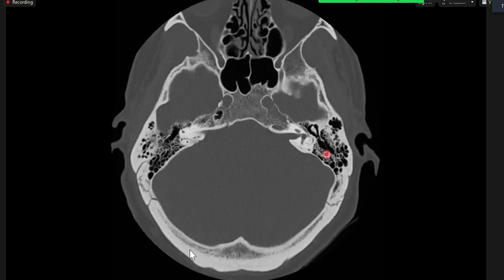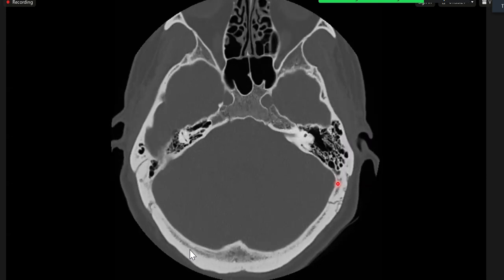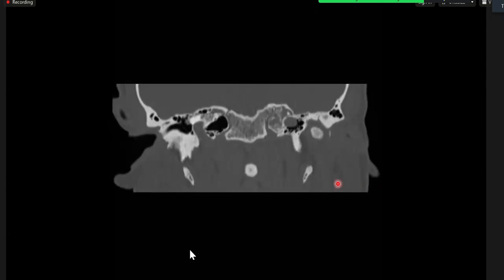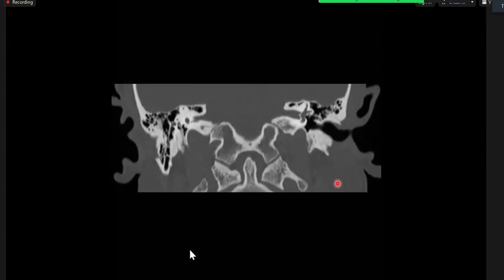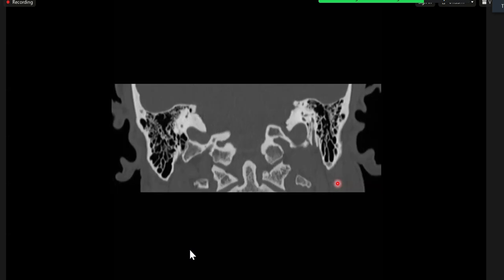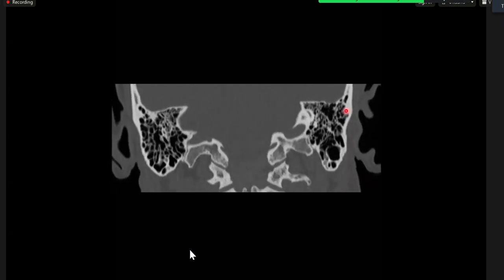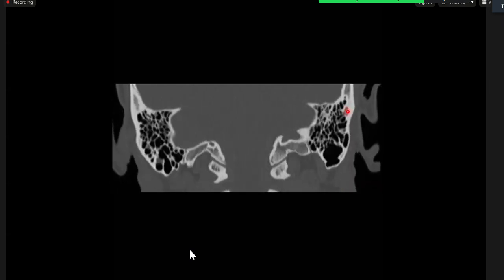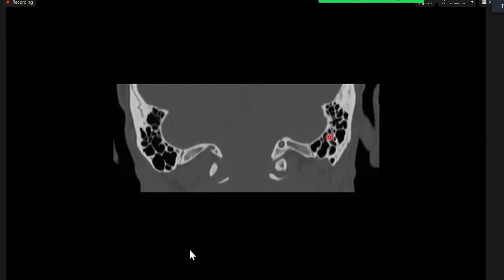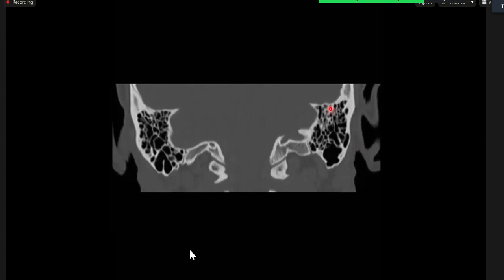They will show you cholesteatoma cases in the exam where this thing might be expanded, and that is what the examiner asks. So beware of that. On a coronal, I'm now showing you the global perspective. These are the mastoid cells. The bone superior to the mastoid cells, which is the middle cranial fossa, is here.